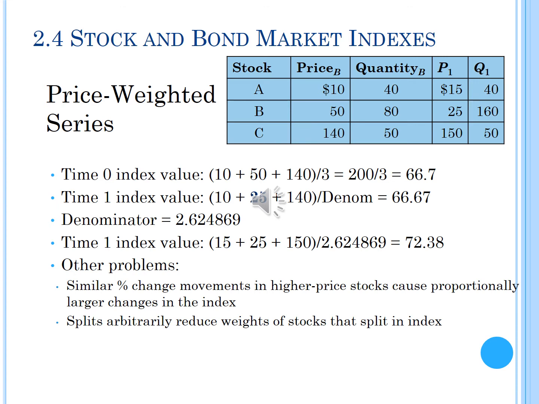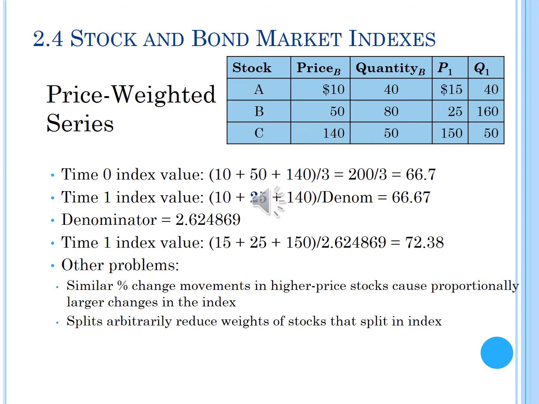The problems with this method: it has two main issues. The first one is that similar percentage change movements in higher priced stocks cause proportionally larger changes in the index. Okay, just like what's happening right now with the Dow Jones.